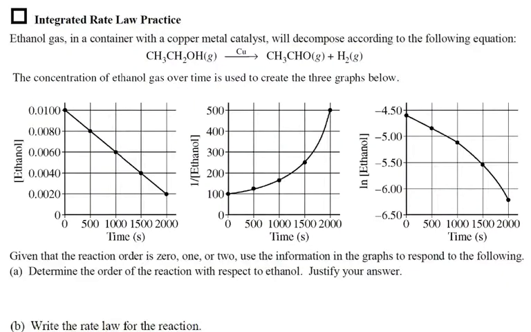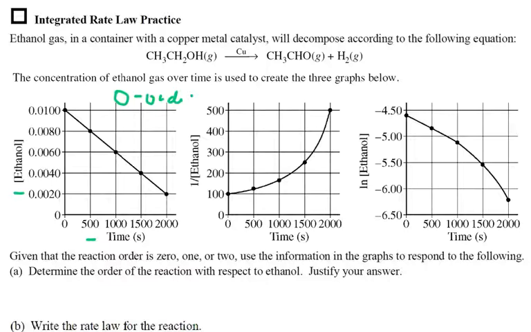Okay, for the third part, here we look at these graphs, and okay, we've seen these kind of graphs before, so even before we get into the question, we should say, okay, here's a straight line graph, and here's a curve, and here's a curve. So we know straight line graphs tell us something about the order of a reaction. So if this is concentration versus time, okay, if we get a straight line graph, we know that this is zero order.